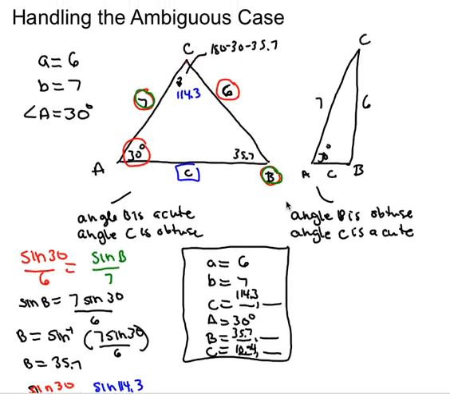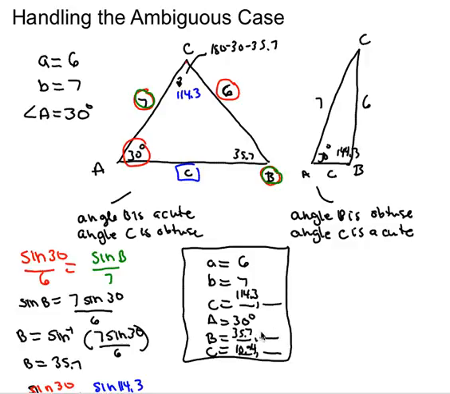Now we're going to do the other triangle and the other three pieces of information, knowing that we've got to find this angle instead. Since angle B is obtuse, I can take 180 minus 35.7, and that gives me that angle B is 144.3.